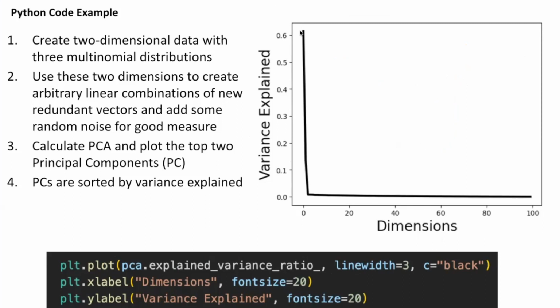And so in this example, the first principal component explains more than 60% of the variance in the data. And the second one, it's somewhere here, right? So it's maybe 15% of the variance. And then all the other dimensions are basically completely unimportant. So the algorithm was really able to figure out what the true original dimensions were. And that's why the reconstruction worked so well.